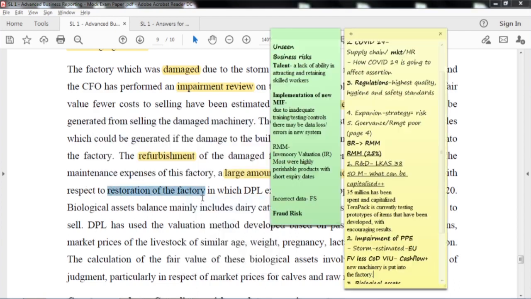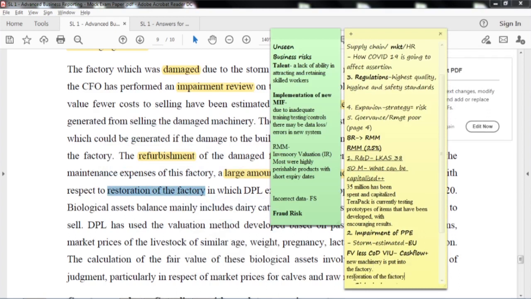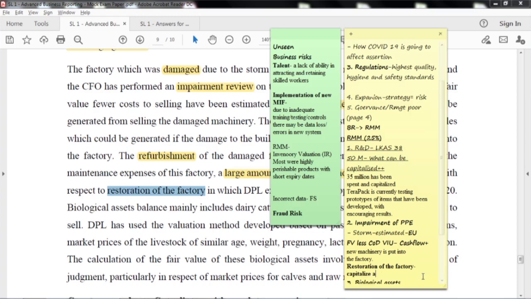Now, another new issue that we have to handle is restoration. Now, see, while there is impairment, you are doing the restoration. One of the key accounting and auditing questions to ask when there is a restoration is whether we are able to capitalize all of this, right. The answer would be you can only capitalize to the level that it meets the PPE standard capitalization criteria, that the asset is going to generate cash flows from those additional costs.